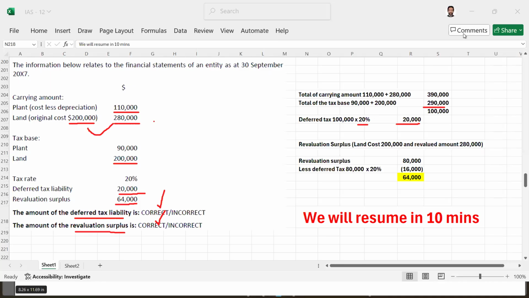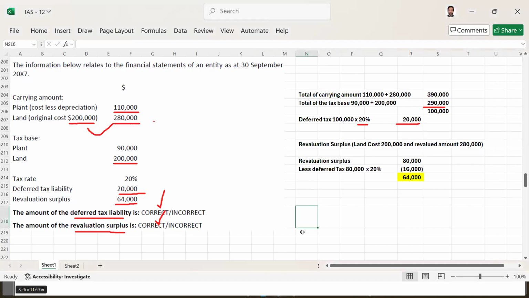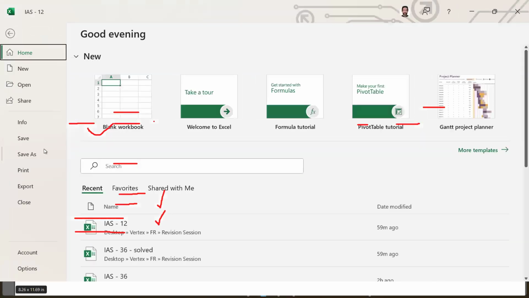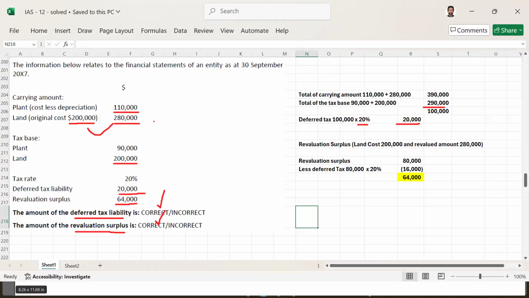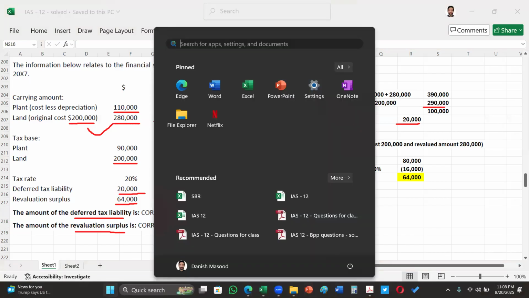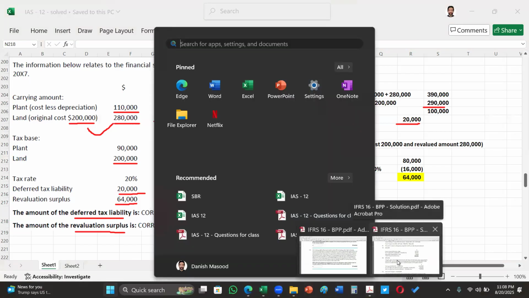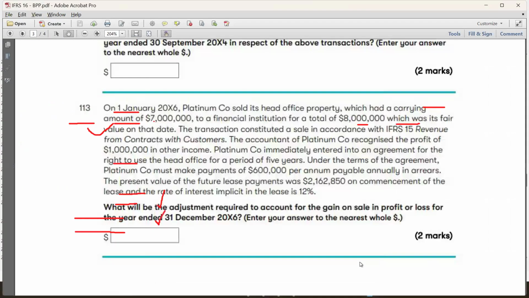Students, we have just concluded IAS 12, and we are going to be looking at IFRS 16. So let me just save this work for you. Okay, so here we go. Let's clear the drawings before we move on to the next one.